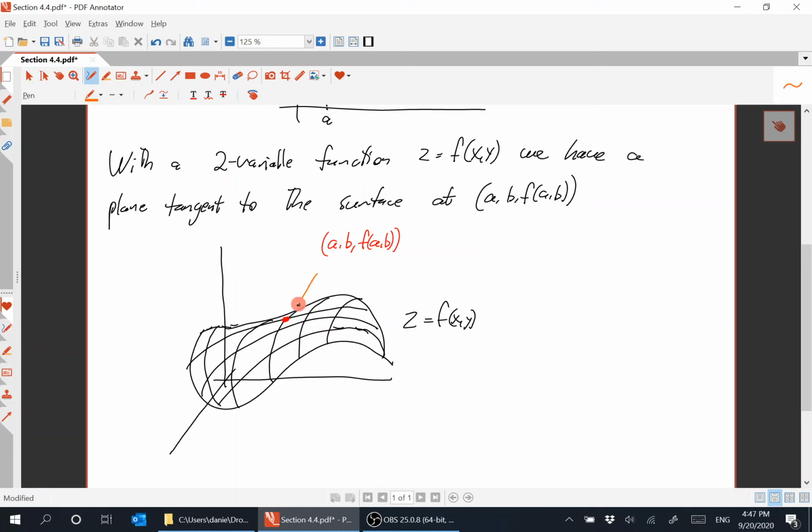You've got the line tangent to the surface in the direction of the x-axis, whose slope is equal to the partial derivative with respect to x of the function f at the point a, b.